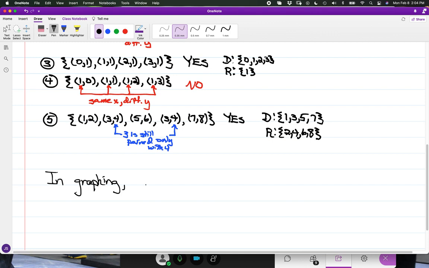So we have in graphing, a function is going to satisfy what is referred to as the vertical line test.